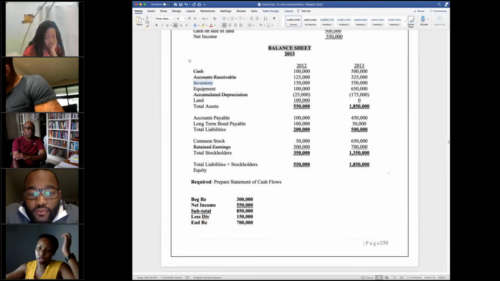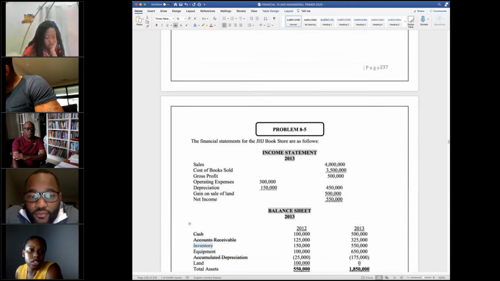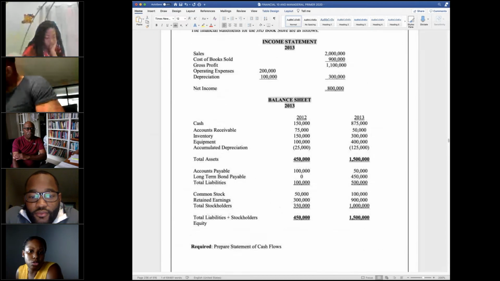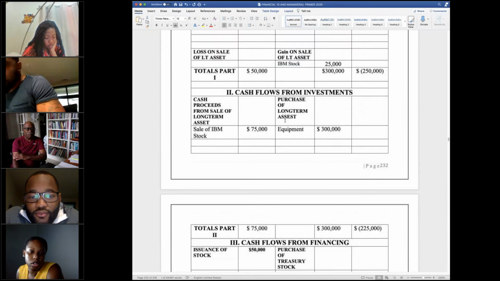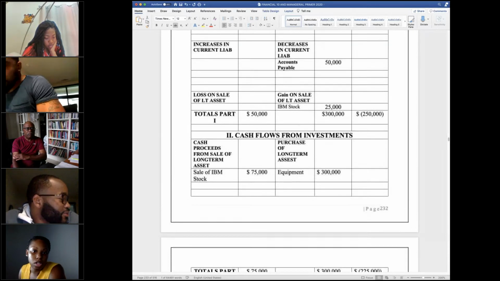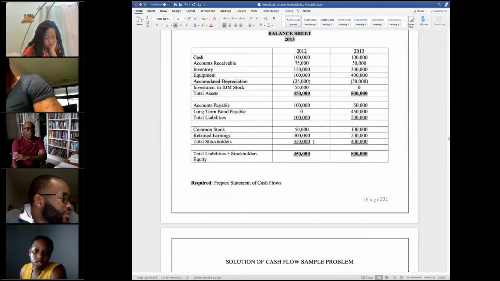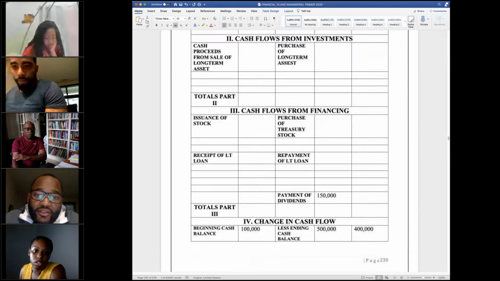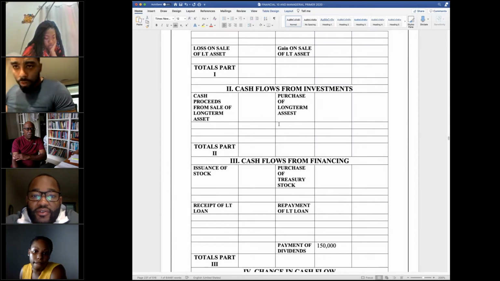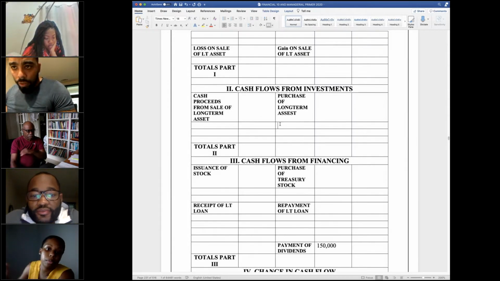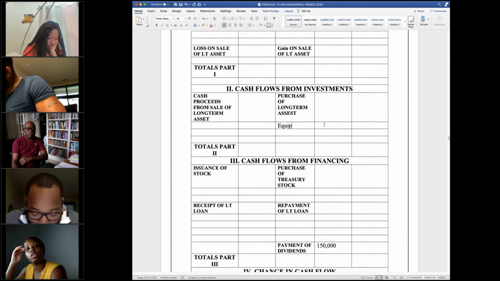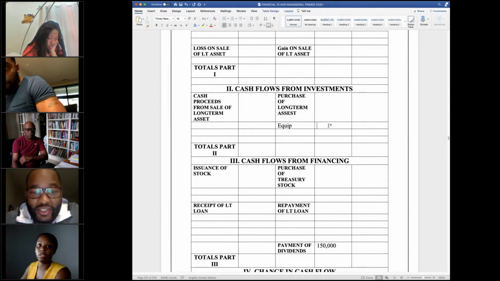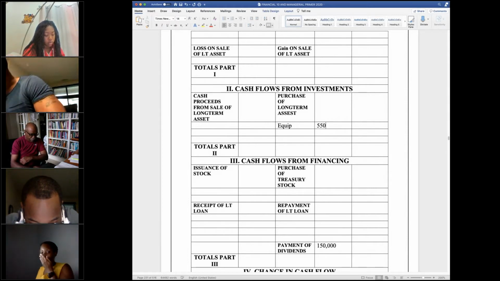So what are we going to do? Go back to the chart and go to cash flow from investments. I'm just going to put equipment in here. How much did we say it was? 550,000.